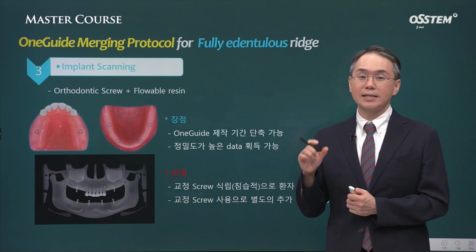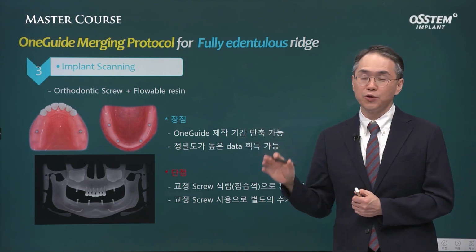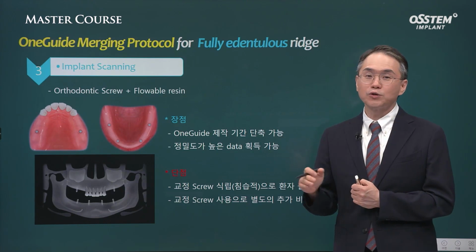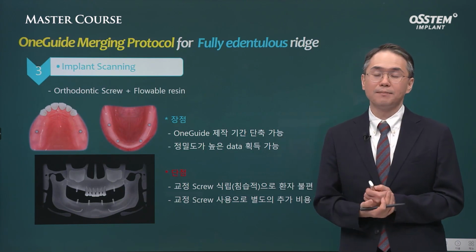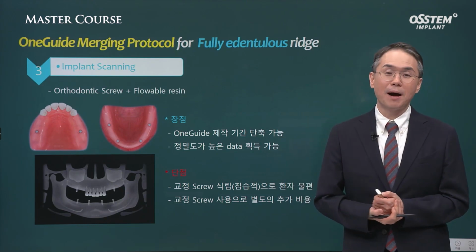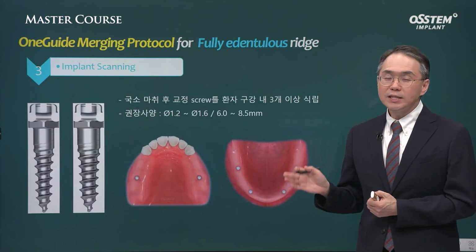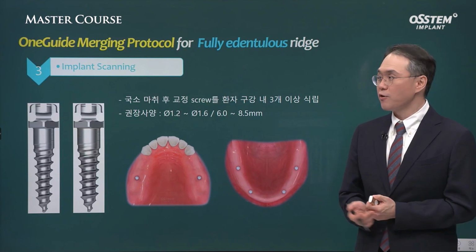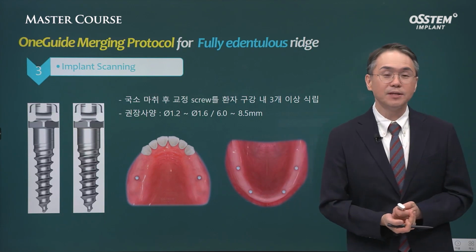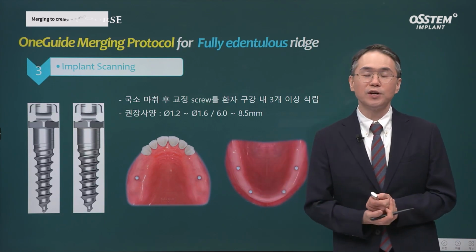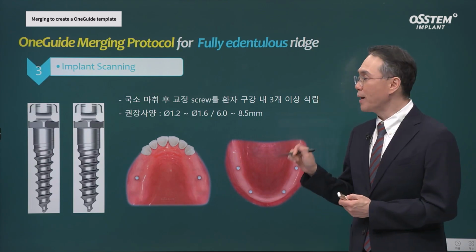In this case, you can use Osstem's orthodontic screw. The length of it is about 4 to 6 millimeters, and on the head area of the orthodontic screw, you can apply radiopaque marker flowable resin. The diameter ranges from 1.2 to 1.6, and you choose the shortest orthodontic screw.